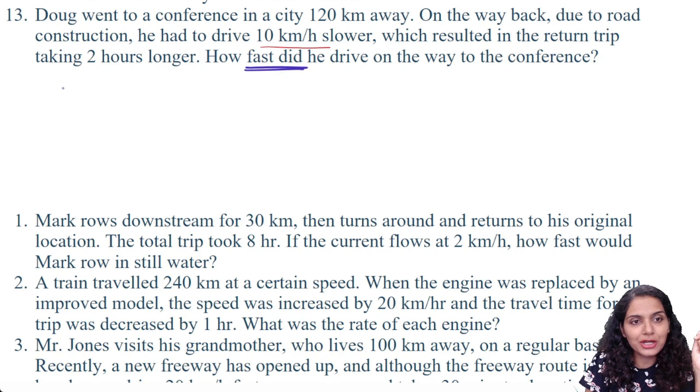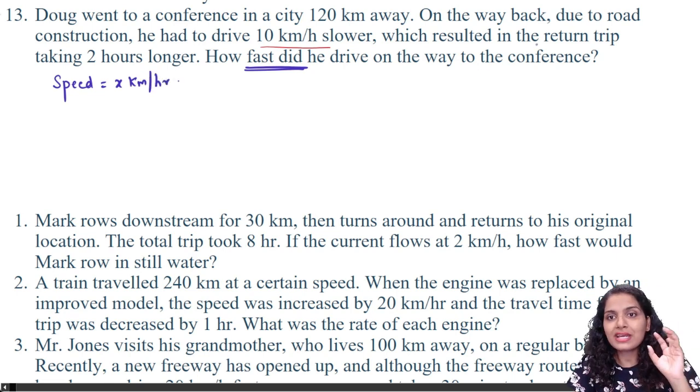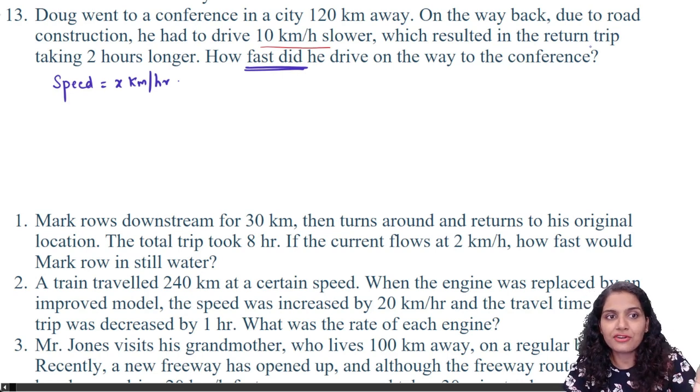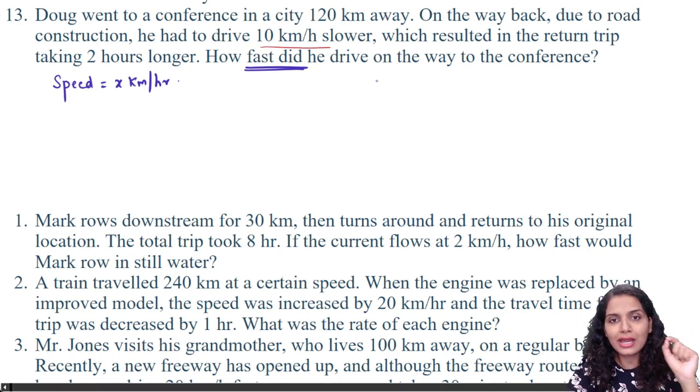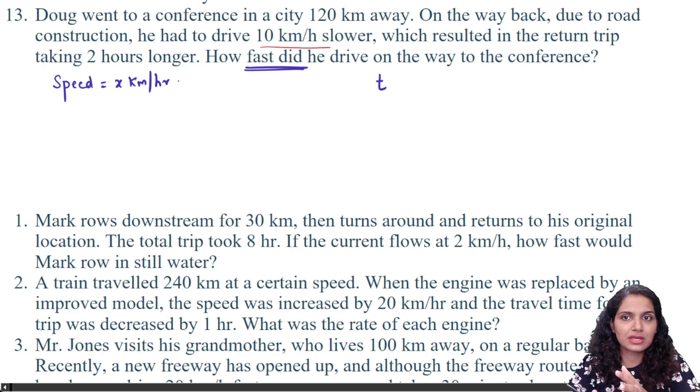So we can assume that the speed is equal to x kilometers per hour. Now what is given? That the return trip took 2 hours longer. So I know there are going to be 2 times, right? 2 times. What?